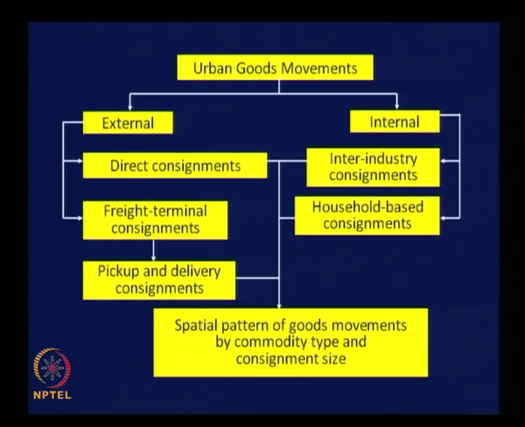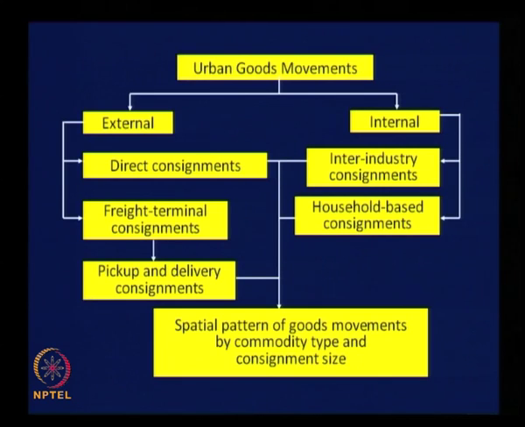That is what is indicated here below, direct consignments as freight terminal consignments. And freight terminal consignments involves pickup and delivery consignments, because the freight will be divided into smaller units and smaller trucks will be used as pickup as well as delivery trucks.